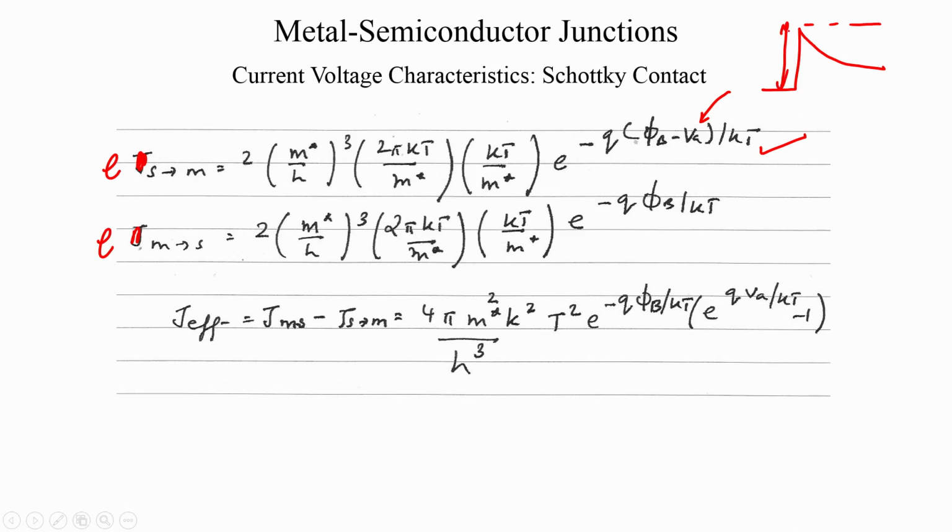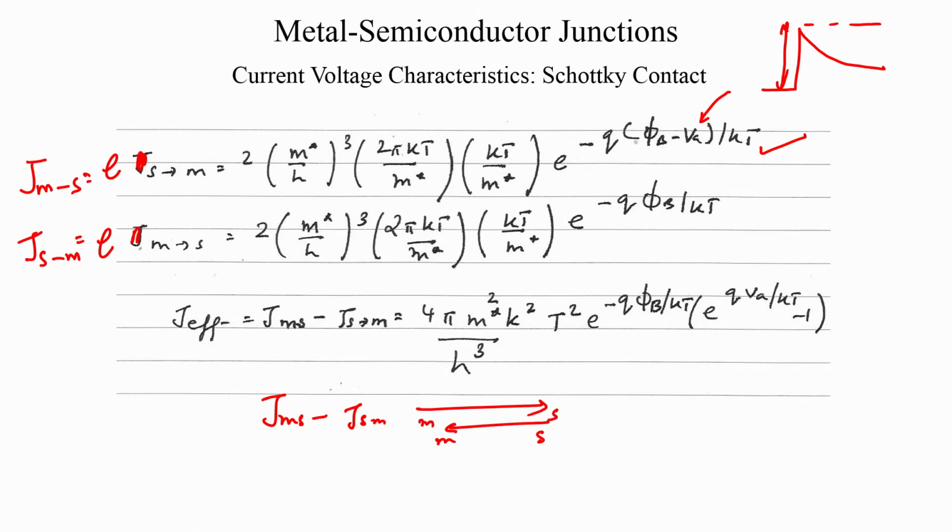And therefore, the effective current across the barrier is J_MS minus J semiconductor to metal. So, it is this current going from the metal to the semiconductor minus the current coming from the semiconductor to the metal, and that is given by this expression here.